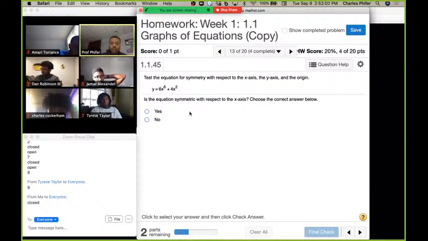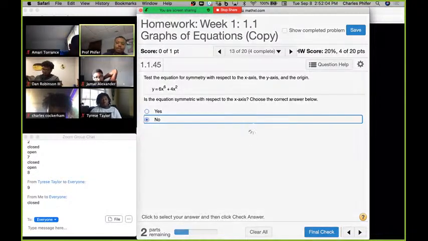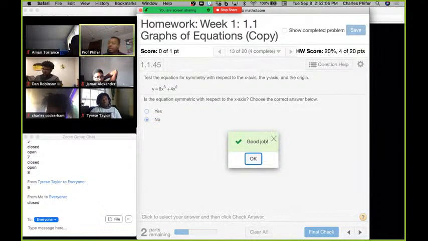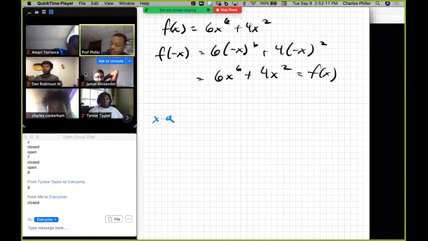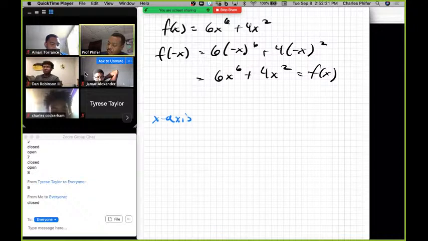Do we have x-axis symmetry? I'm going to say no there. Okay, let me do those tests so that we can recap that. So for instance, if we want to test for x-axis symmetry, this triangle means change. It's like delta, a Greek symbol.